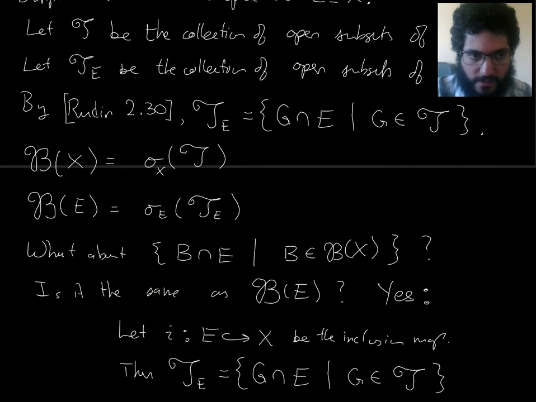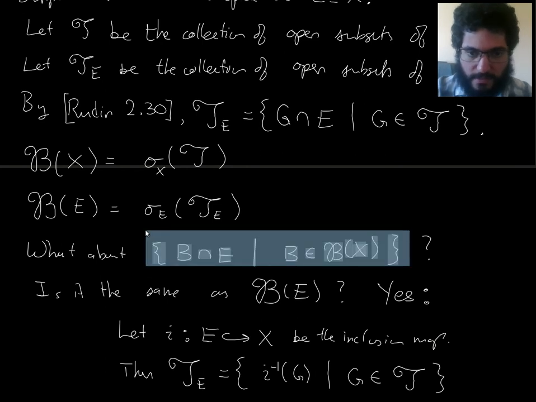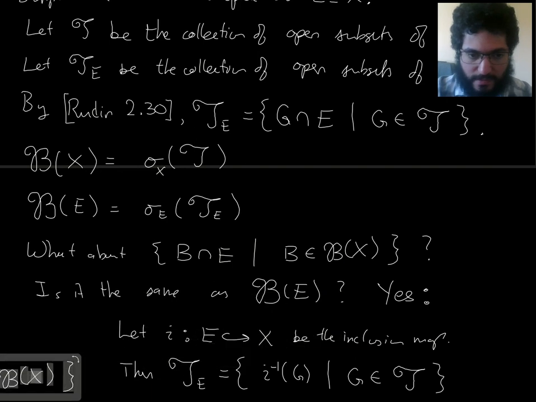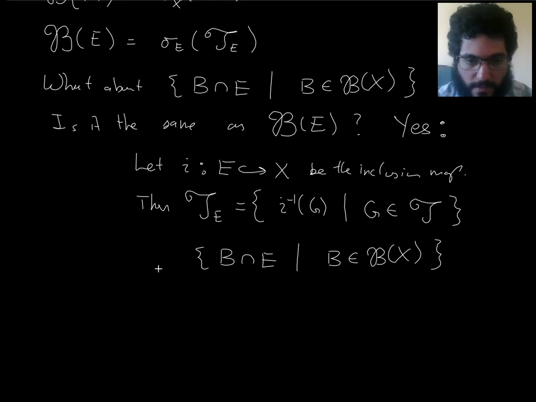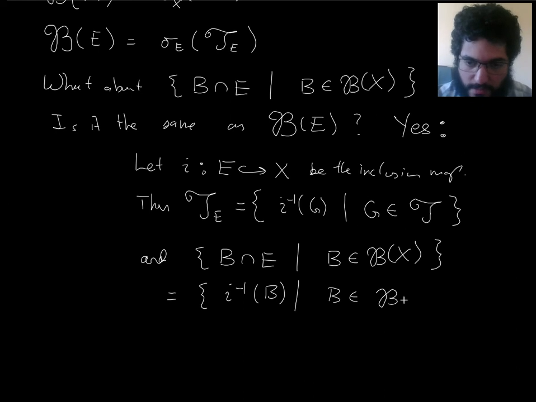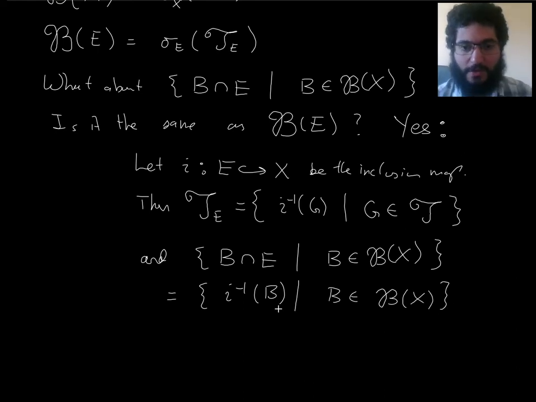So then we can describe this like this: G intersect E is I preimage G. And also, this thing is actually just taking the preimages of all the Borel measurable subsets of X.